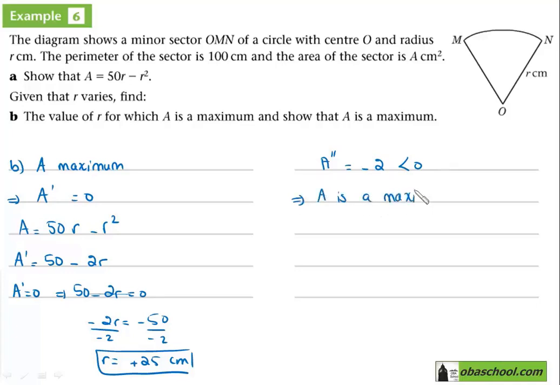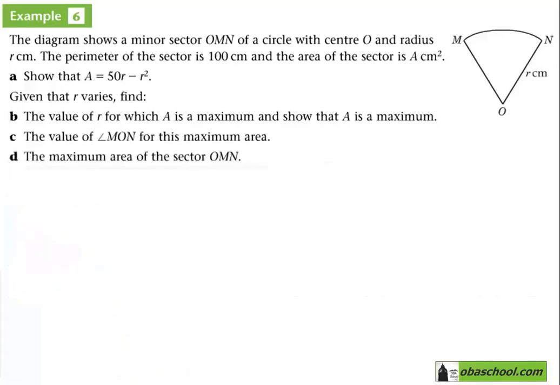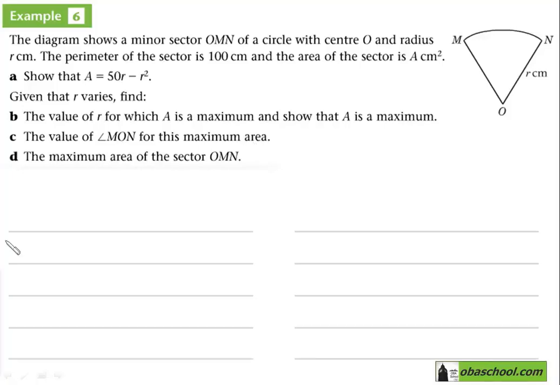Here we simply applied the concept of the turning points in order to define when the area is a maximum. Now for part C, the value of angle MON for this maximum area. Okay, so this angle is theta. That means angle MON is theta, which is 100 over r minus 2.